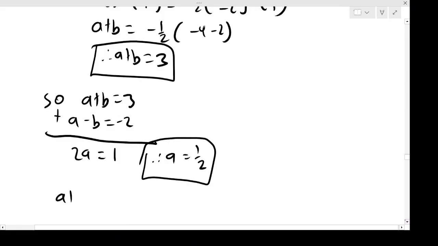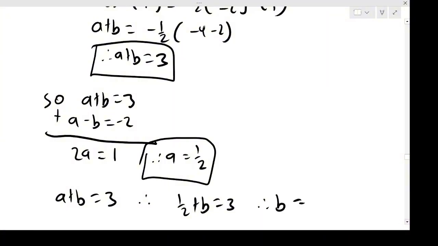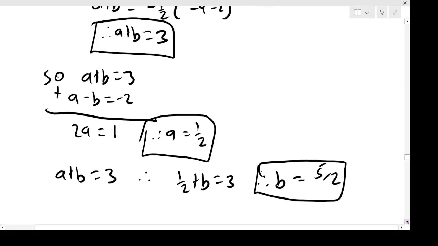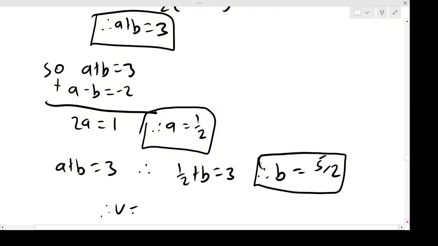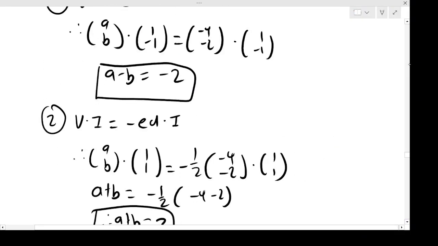So let's say if a plus b is 3, therefore a half plus b is 3, which means that b, 3 take away a half, is 5/2. And that is my A and B. Therefore my velocity vector V is AB, which is a half, and 5/2. And there we are. That is my velocity there.